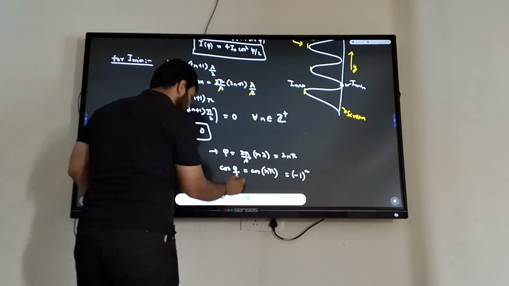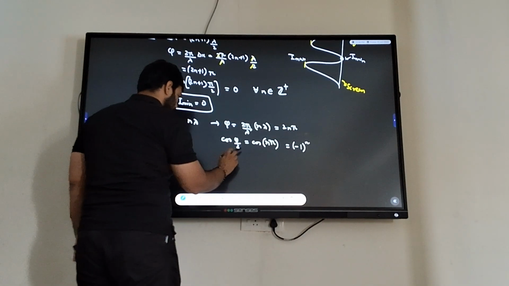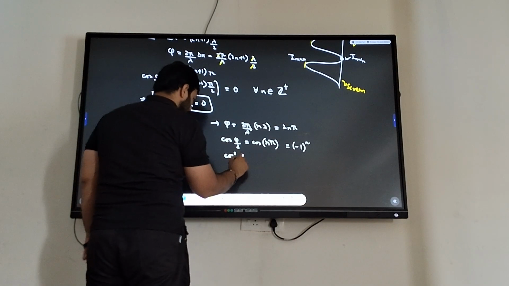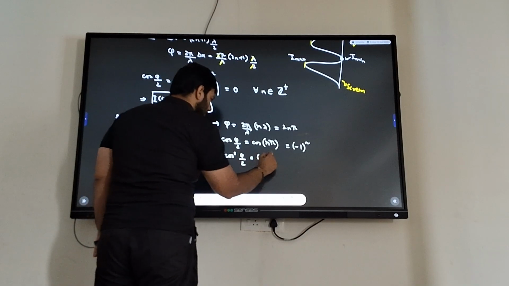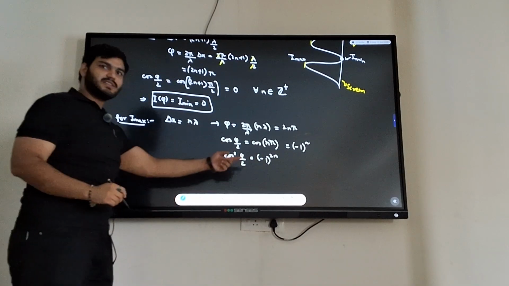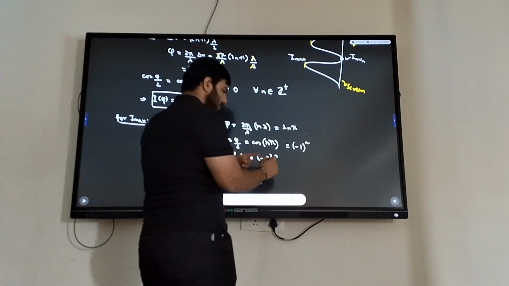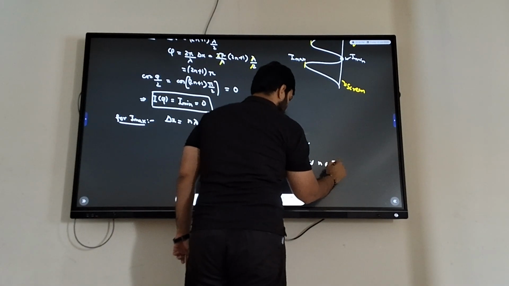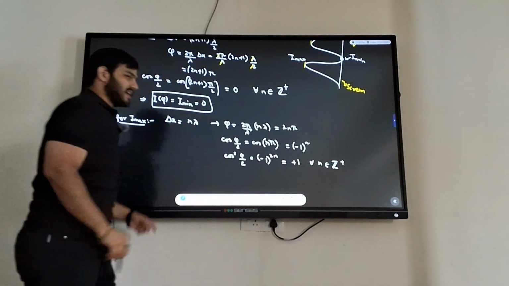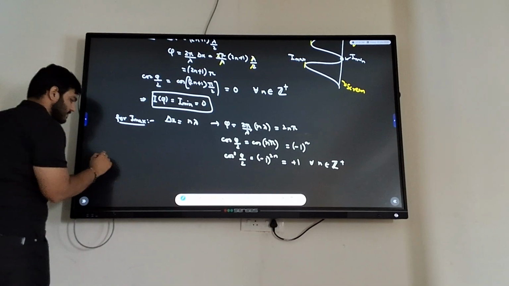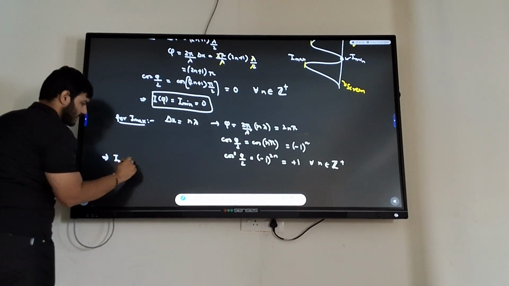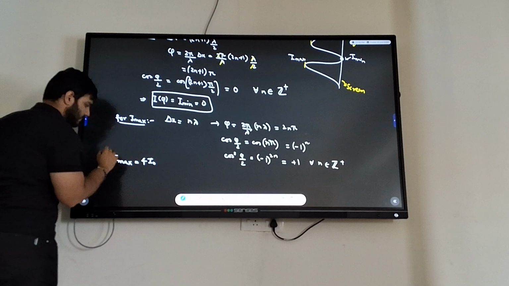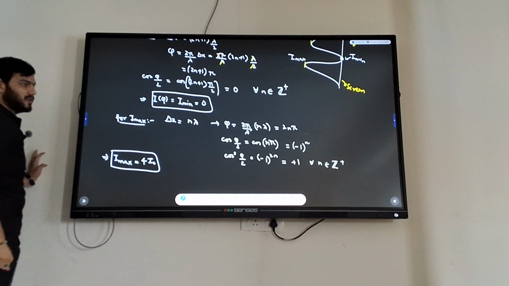If I take the square here, that's minus 1 power 2n. But then in general this is equal to what? Plus 1 for all n. If that is so, then what is I max? That's 4I naught.